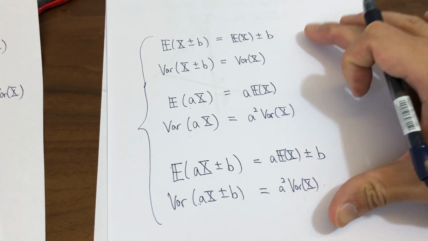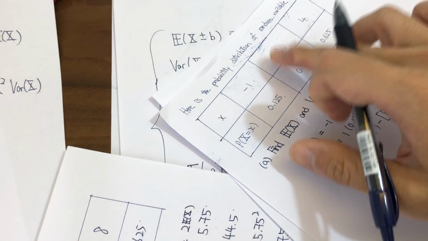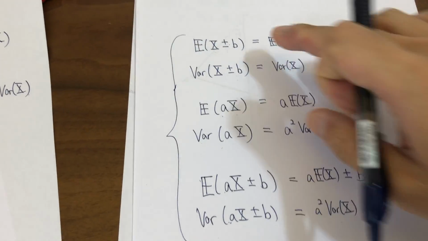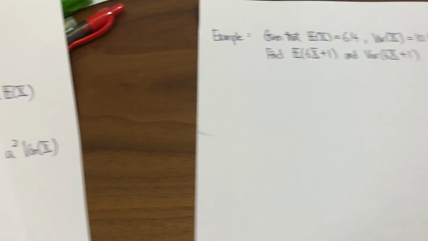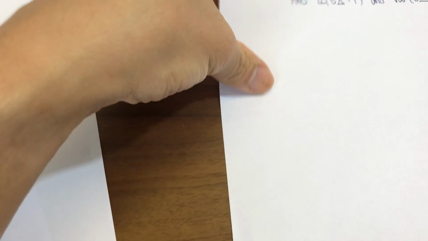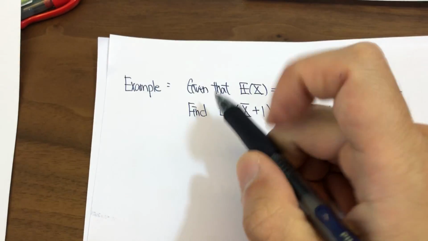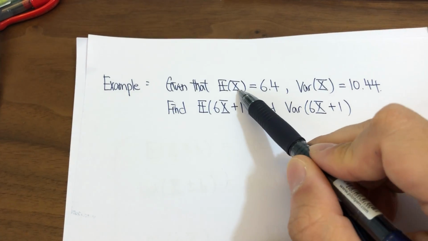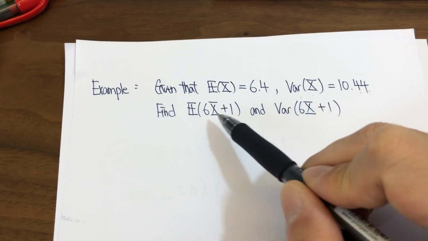We can use these rules to help us do the math and avoid using the table. If you know the expected value and variance of x, you can skip these steps. So let me show you an example. Given that the expected value of x is 6.4 and the variance of x is 10.44, you have to find two things.